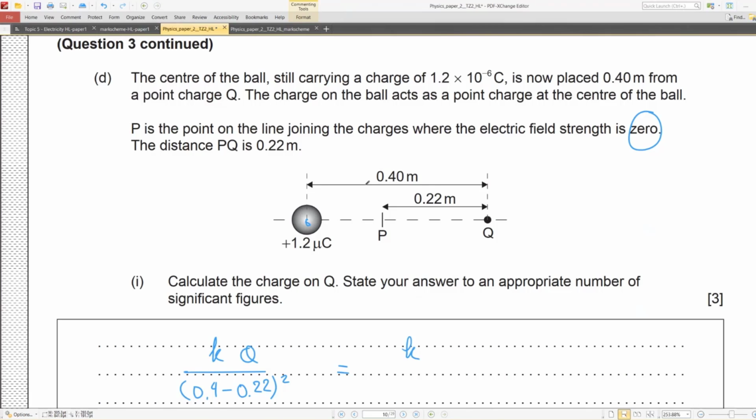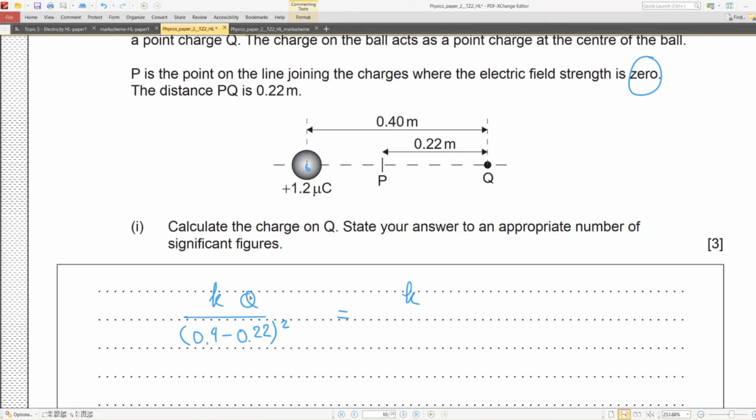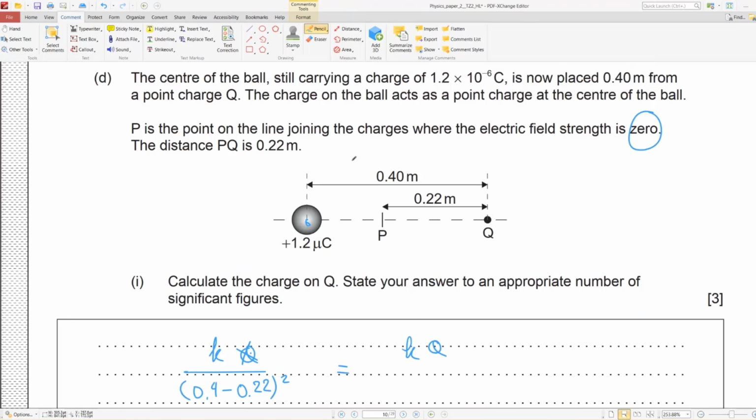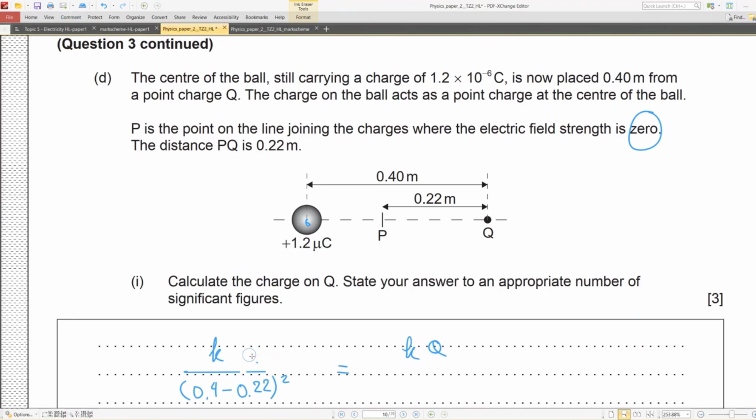The center of the ball has a scalar charge. So this big Q already has the value 1.2, and we need to find this charge, state the value of the charge on Q. This Q is already given, which is 1.2 times 10⁻⁶.